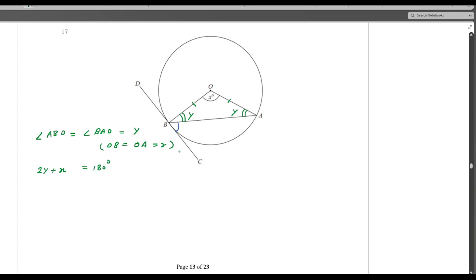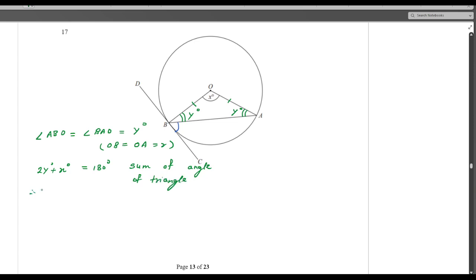It is the sum of all angles of a triangle. So 2y plus x degrees, and let us consider this as y degrees. So 2 times y degrees plus x is 180. Reason is sum of angles of a triangle.